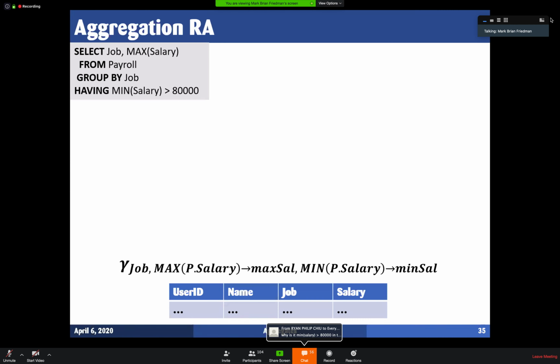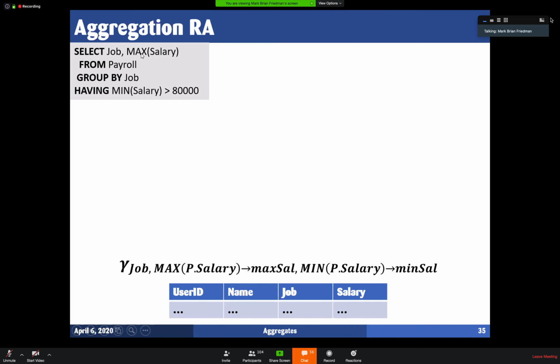The first thing we're going to do is the aggregation. And the aggregation is going to involve calculating the maximum salary, which we're calling max sal in our expression. And we're going to calculate the minimum, which we're going to call min sal. So we're calculating both a max and a minimum, because we've got the minimum here and the maximum up here.